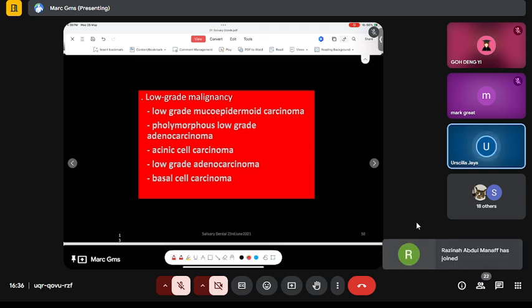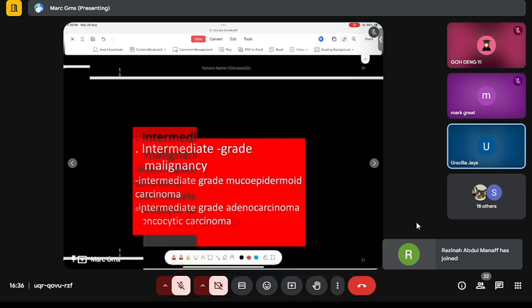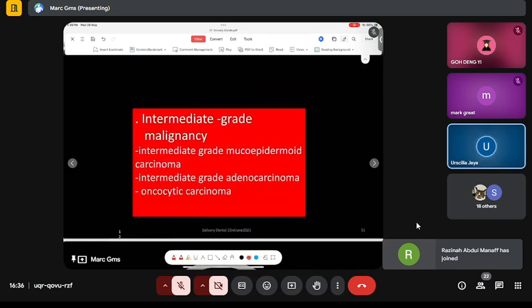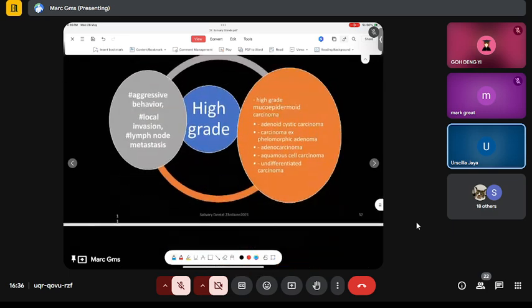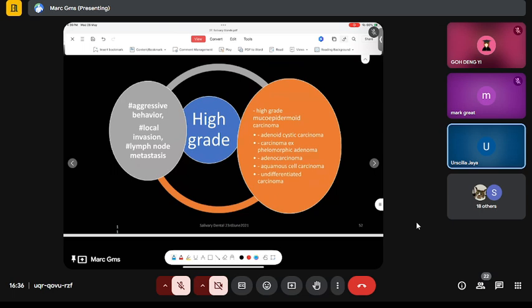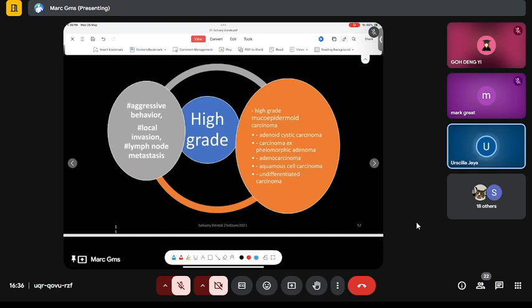Then you go to the intermediate grade, which will be, like I said, your intermediate grade mucoepidermoid, intermediate grade adenocarcinoma, and your oncocytic carcinoma. And the high grade would be your high grade mucoepidermoid carcinoma, adenoid cystic carcinoma, carcinoma ex pleomorphic adenoma, adenocarcinoma, squamous cell carcinoma, and undifferentiated carcinoma.